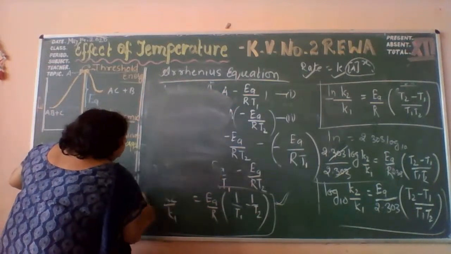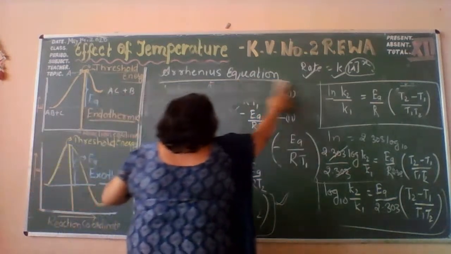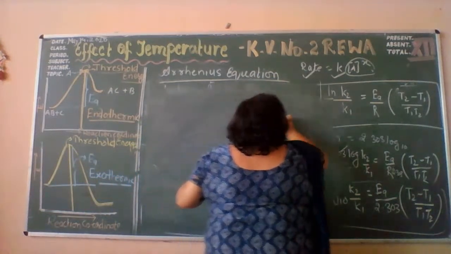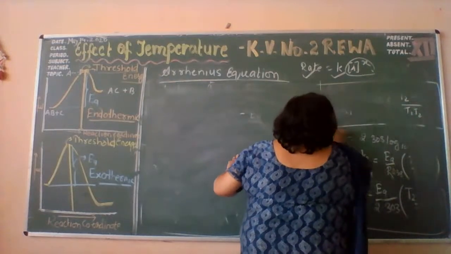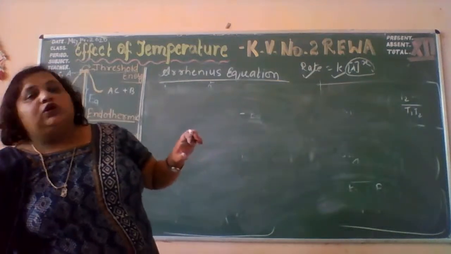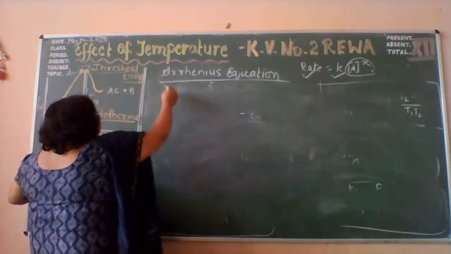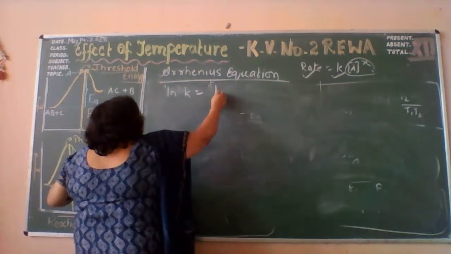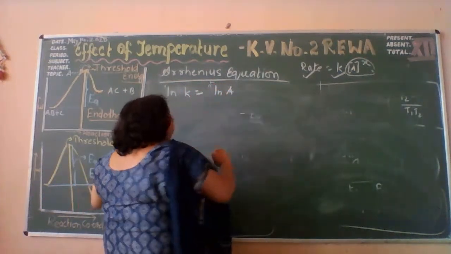Now, I'm just going to tell you about the graph, as you have done for the zero order and the first order reaction. What I'm going to take here is the original equation, log K is equal to log A, right?